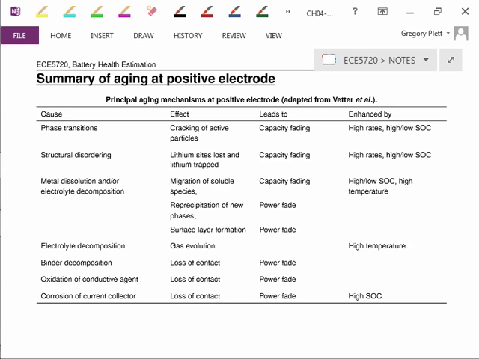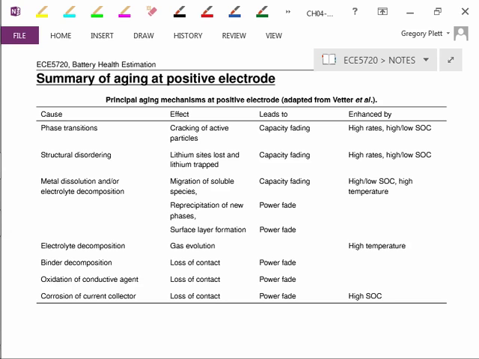So that's another reason why knowing about aging is a good idea, but I think it's just generally good background information going into the battery management profession to understand, well, I at least have an idea why batteries age and why it's important to estimate the aging of the battery so that we can keep up to date on our energy estimates and our state of charge estimates and our power estimates and so forth.